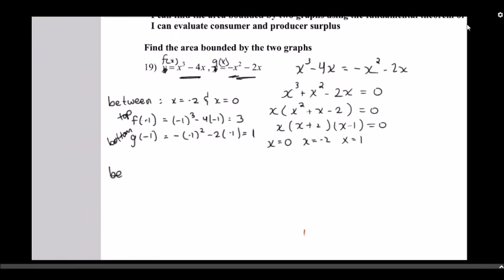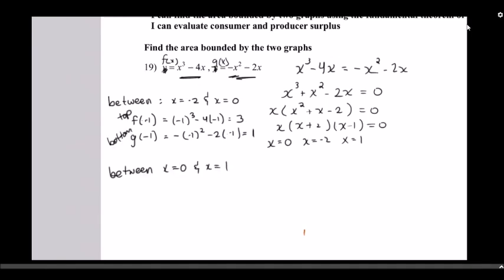If we do this again for between x equals 0 and x equals 1, we've got to choose a test point in between 0 and 1.